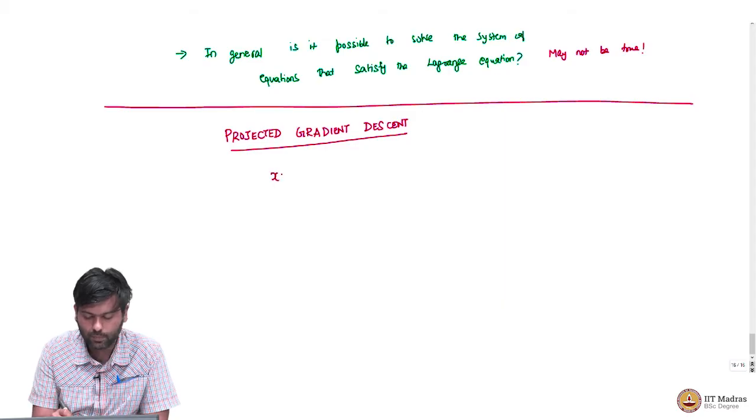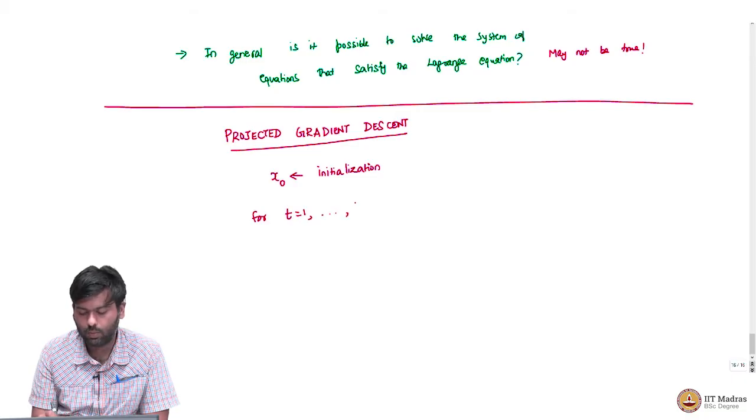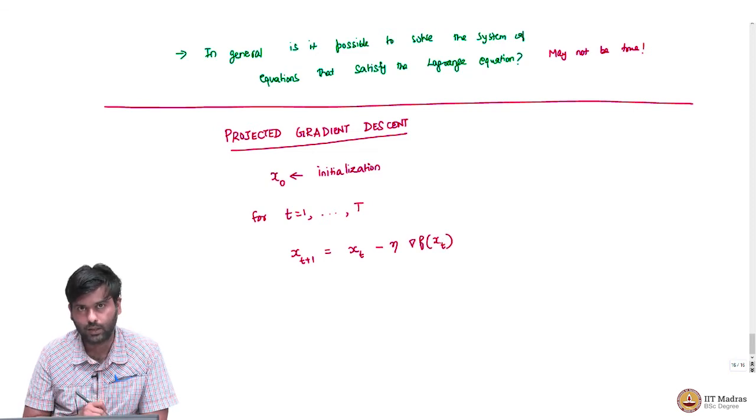You start with some x naught, the initialization, and then for t equals 1 up to some upper bound depending on how many iterations you want to run this algorithm for, you say x_{t+1} equals x_t minus eta times the gradient of f at x_t. This was our simple gradient descent algorithm.